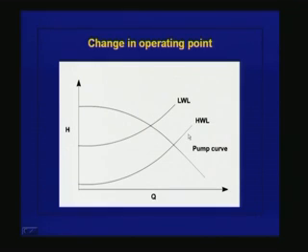Whereas when we have high water level in the sump, then the static lift is reduced, and to compensate for reduced total head, the discharge will increase. So the pump will be operating between this operating point and this operating point during the operation, corresponding to low water level and high water level.